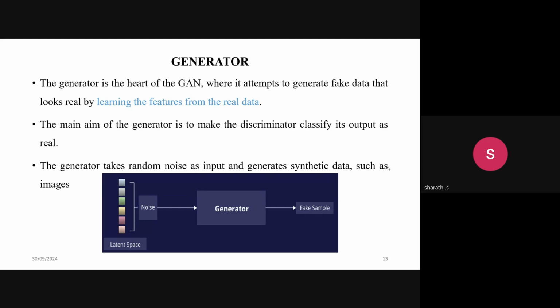Basically, you'll have an input layer, an output layer, and in between you'll have 6 layers. But the basic functionality is the working of your CNN. The input layer and the output layer require some activation functions. The activation function that we used was the ReLU function at the input and the tanh function at the output. So basically, the output of your generator is a fake image, or you call it a synthetic image.